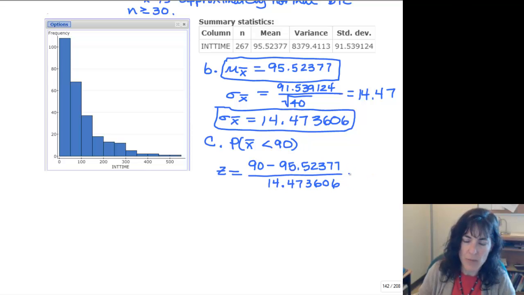And remember z-scores, we only need 2 digits. So I'm going to round, it'll be negative 0.38.